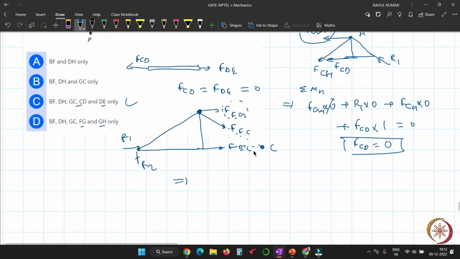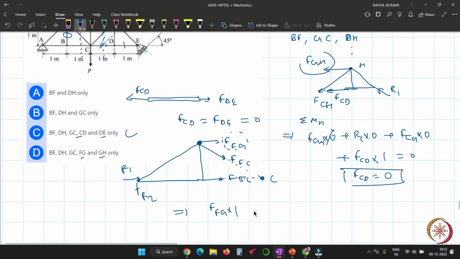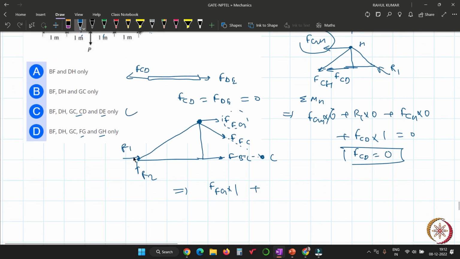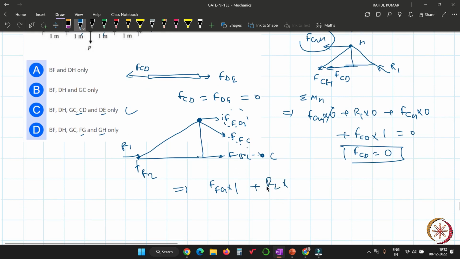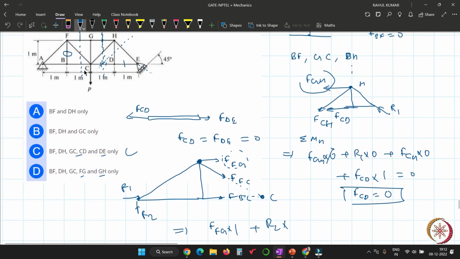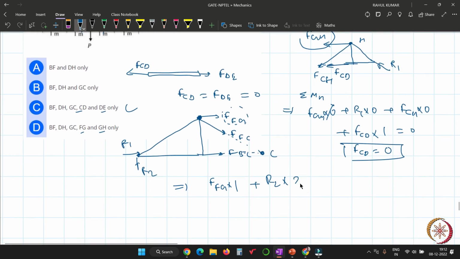So when you apply the moment equilibrium about this point, you will have FFG into perpendicular distance, which is 1, plus R2 into the perpendicular distance of 2 meters. And R1 is already passing through point C, so there is no moment contribution, and that is equal to 0.